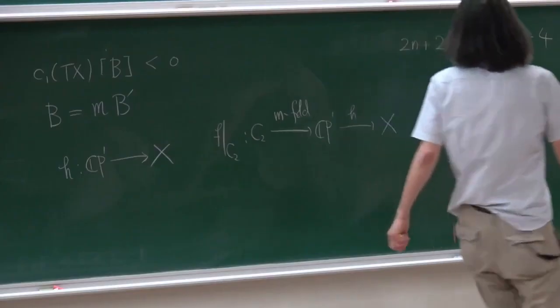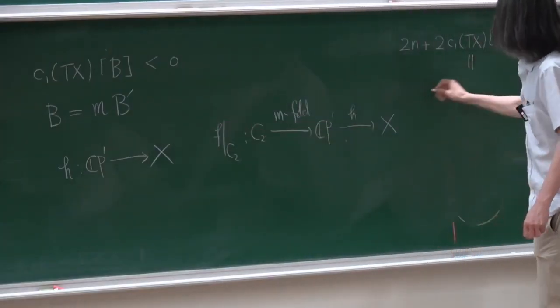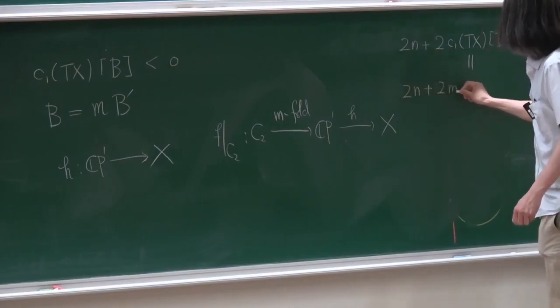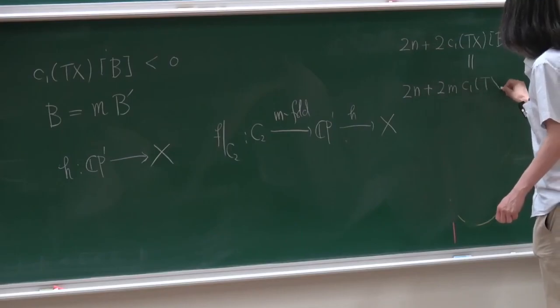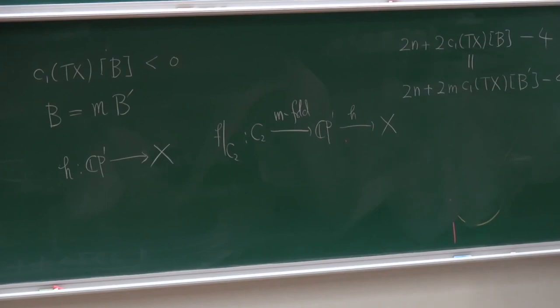And this one is equal to 2n plus 2m c1(TX)(B') minus 4.